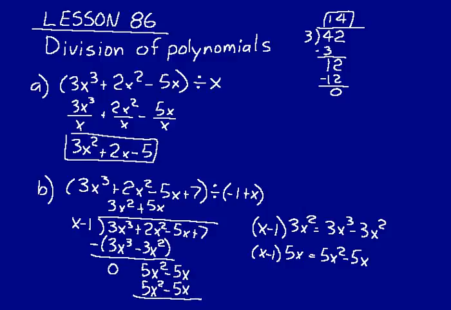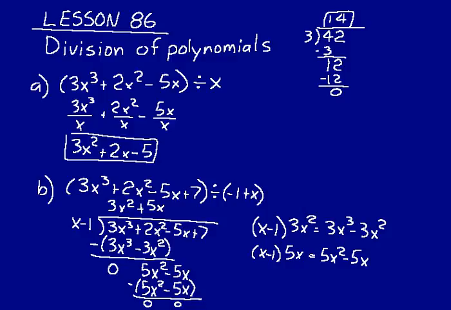And so this is subtraction. Remember, it's subtraction. So if you want to, just put a minus around all of this and think of it as algebraic addition. So we'll have 5x squared minus 5x squared is 0. And then we'll have minus 5x minus a negative, or plus 5x. So that's 0 as well.